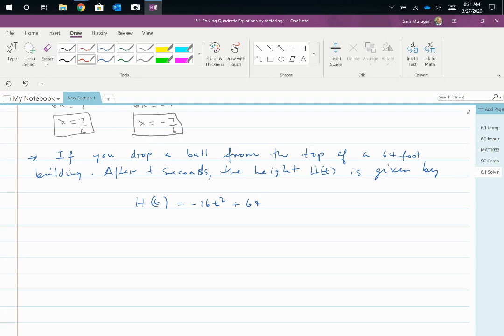Question: how long does it take the ball to hit the ground?